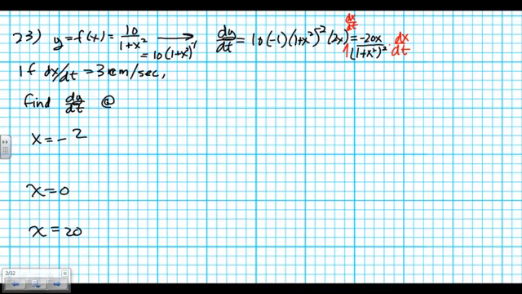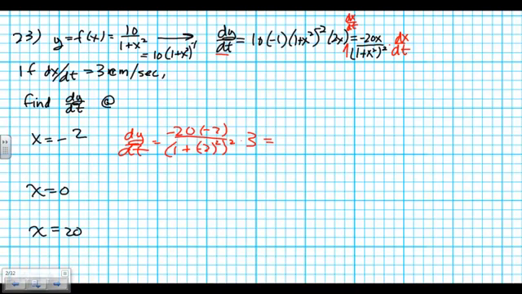So, what is dy/dt when x is negative 2? It's going to be dy/dt, which is where we started over here, equal to negative 20 times x, which is negative 2, over (1 plus negative 2 squared) squared. And we're also told what dx/dt is. It's 3.